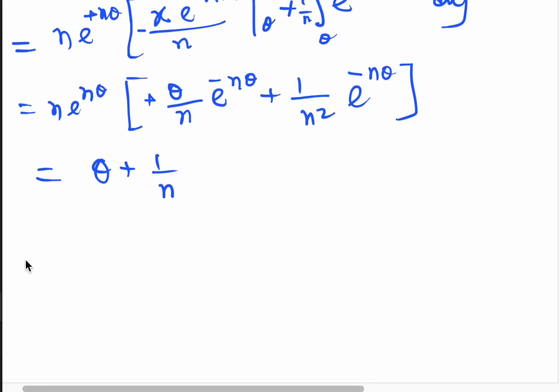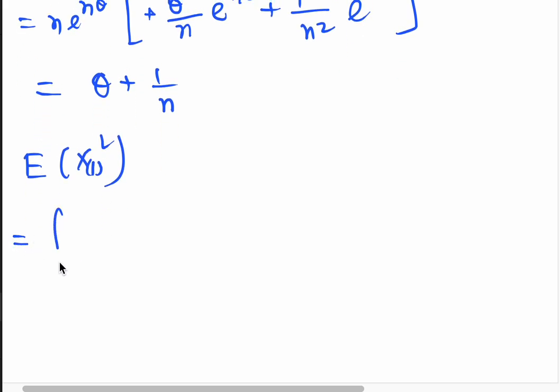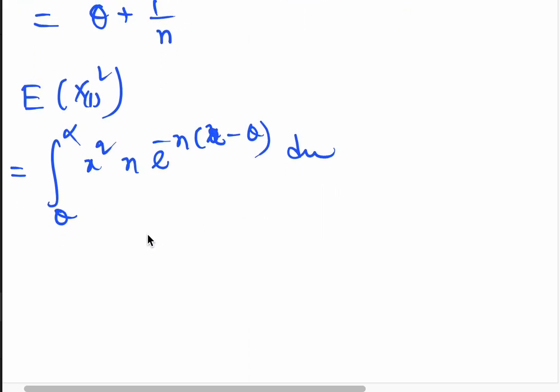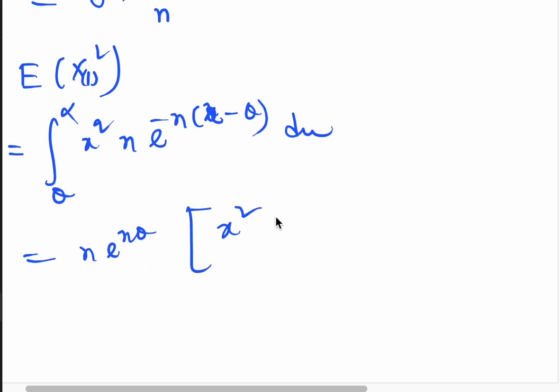Now calculate the expectation of X(1) squared. This will be the integral from theta to infinity of x square n e to the power n theta e to the power minus nx dx. So that will be e to the power n theta, the first term will be x square times minus 1 by n e to the power minus nx, from theta to infinity.